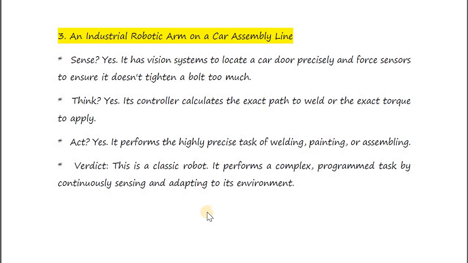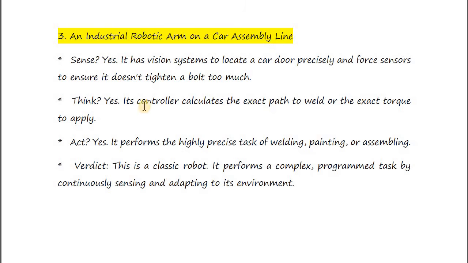Okay, and finally we have an industrial robotic arm on a car assembly line. I have already talked to you about this in my class 9 videos on real life examples. So definitely it can sense. It has a vision system to locate a car door precisely and force sensors to ensure it doesn't tighten a bolt too much, otherwise it will cause damage, right?